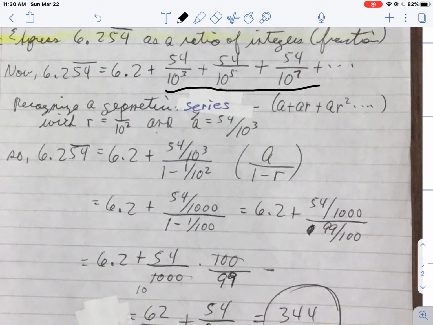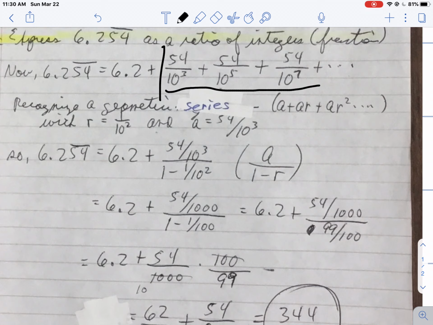Now be careful of the A value here. This is where you have to watch. Where exactly is the series beginning? The geometric part of this series begins here. That first term, 6.2, is not part of the geometric series, because it's not part of the repeating portion of that number. So you're only including the repeating portion to set up your geometric series.